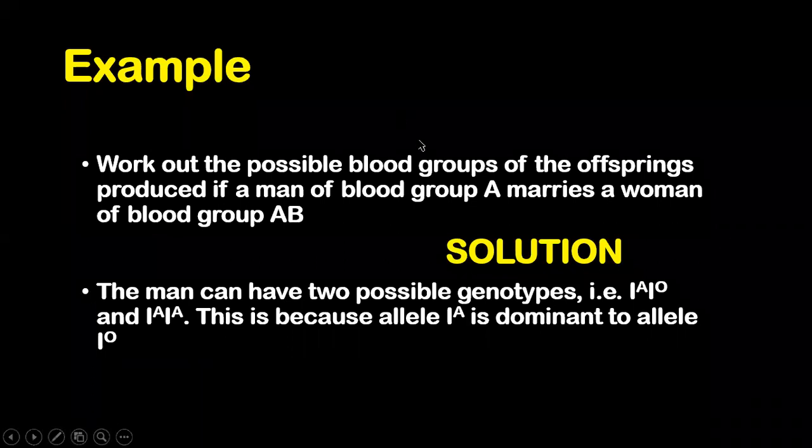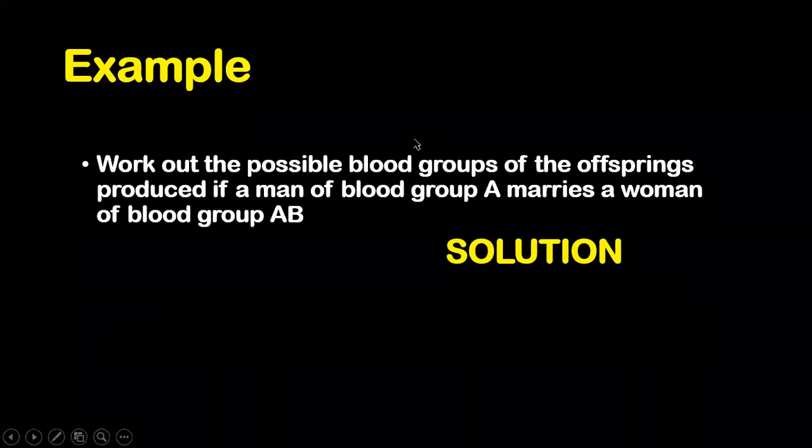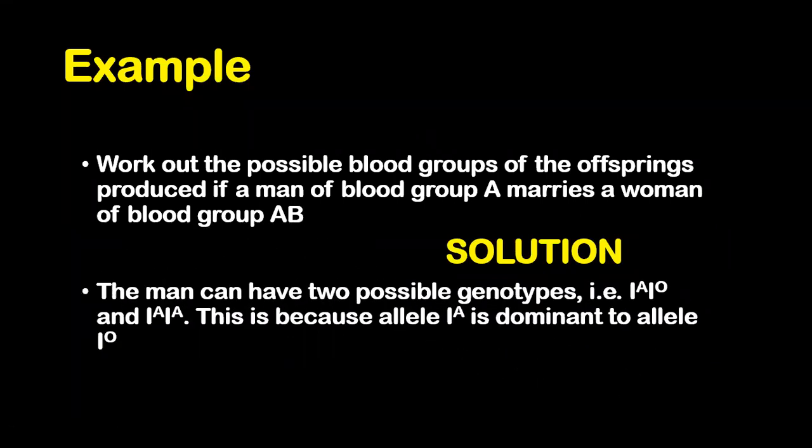However, there were supposed to be two crosses, because for you to be A, you are either A homozygous or A heterozygous. That's why the man can have two possible genotypes, because allele A is dominant over allele O.